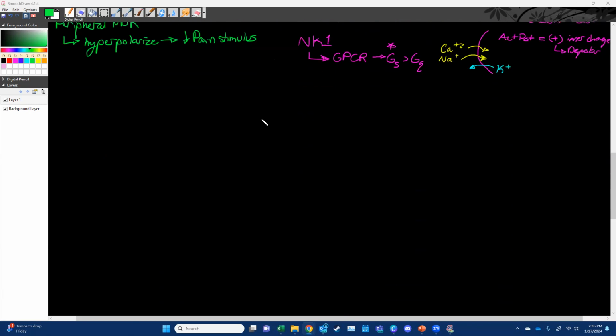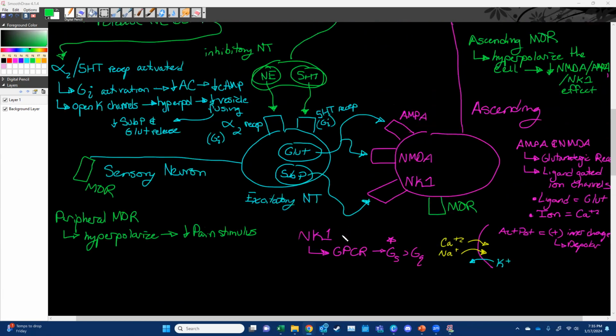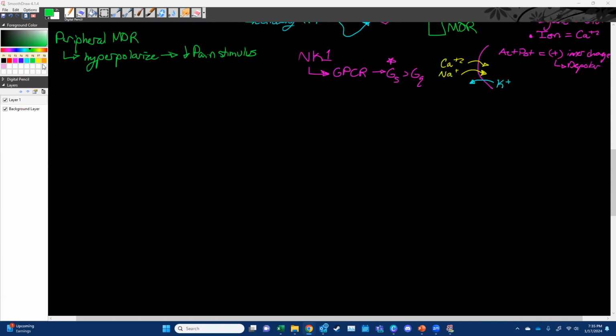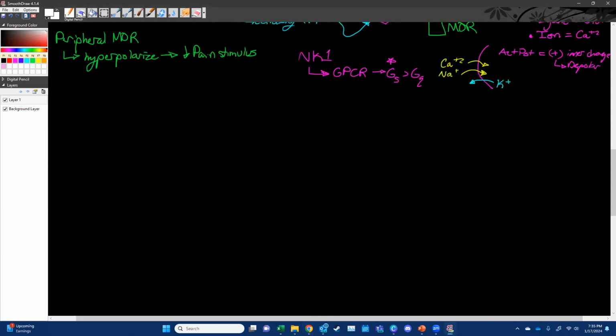All right. Now that we've talked about the mechanism of action, we can start to take a look at how the effect of opiates happens.